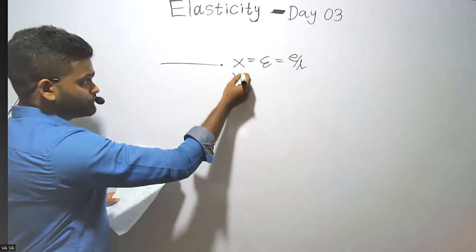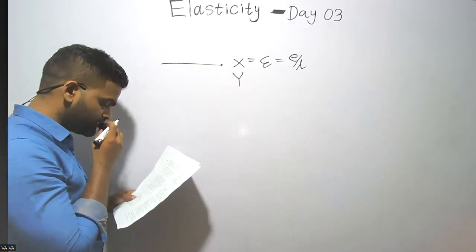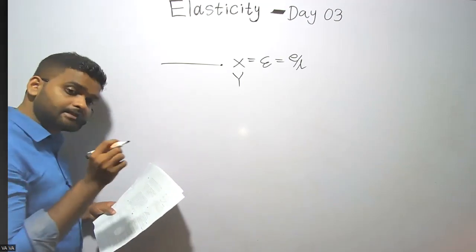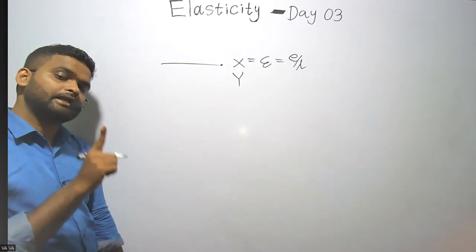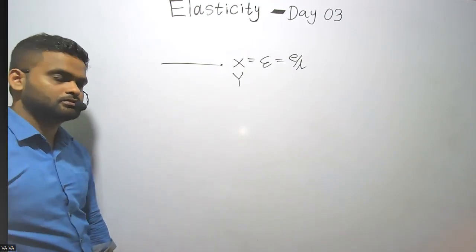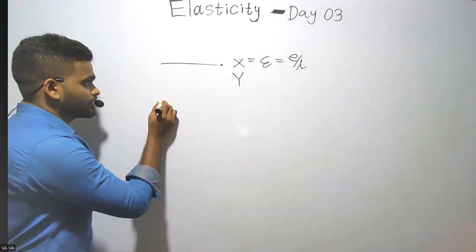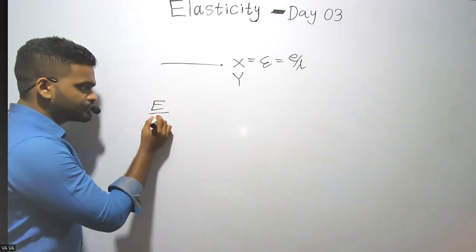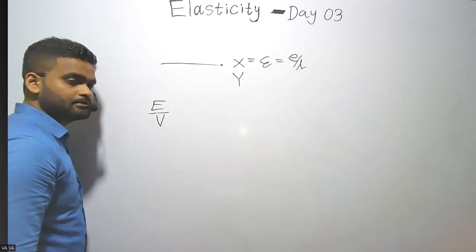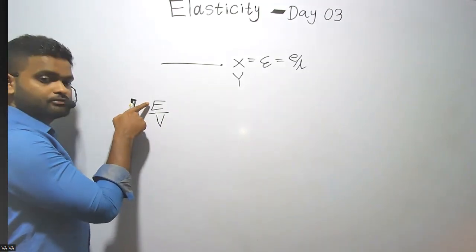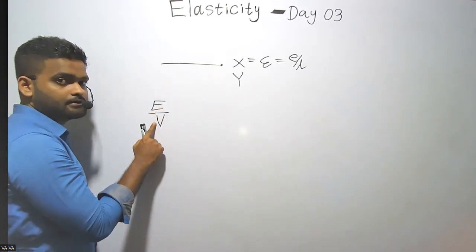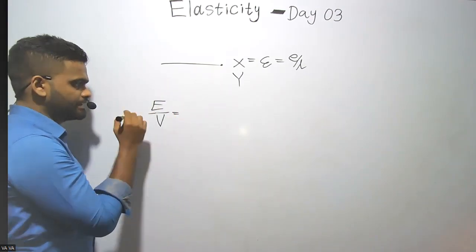Young's modulus is Y. So what they ask is the elastic potential energy stored in a unit volume. What does it mean? Energy should be divided by the volume of the wire. So what is energy?